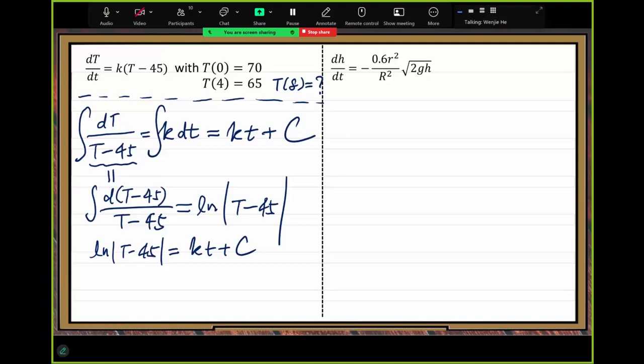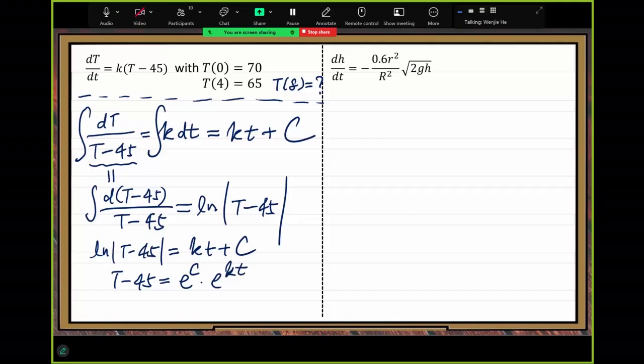Capital T, that's the temperature inside the office, right? Inside the office should be greater than the outside temperature, right? 45 is the outside temperature, between 40 and 50. Inside temperature is at least higher than outside temperature, right? So we can reasonably assume capital T greater than 45. So we remove the absolute value, and T minus 45 equals e to the capital C times e to the kt.